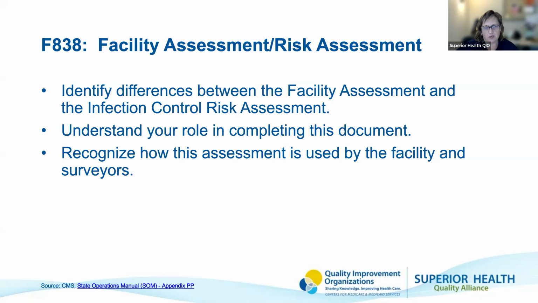But really, as the IP, it's your job and part of your expectation of your role to know the history of your facility and to know your community. Is your community rural? Is it urban? What types of infections are you seeing for your health department? Is your health department identifying, for example, Southeast Michigan? We have a Candida auris issue in Southeast Michigan.